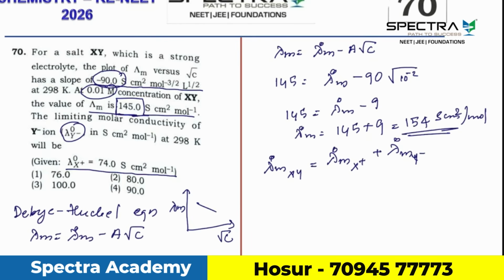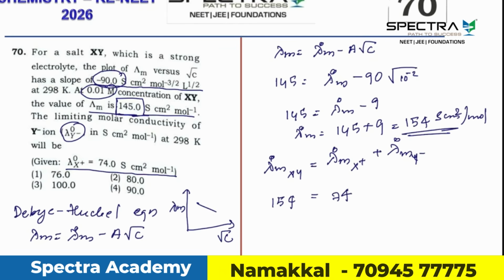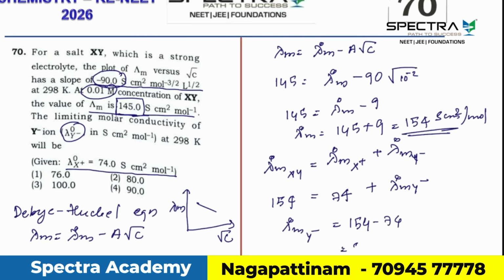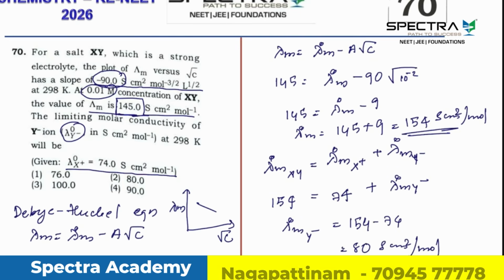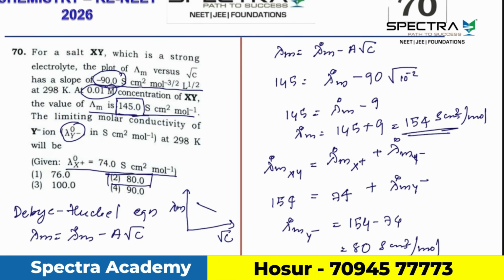Limiting molar conductivity of XY is 154, equal to limiting molar conductivity of X+ which is 74 plus limiting molar conductivity of Y-. So limiting molar conductivity of Y- will be 154 minus 74, that is 80 S cm2 per mole. So it is option 2. The answer is option 2, 80.